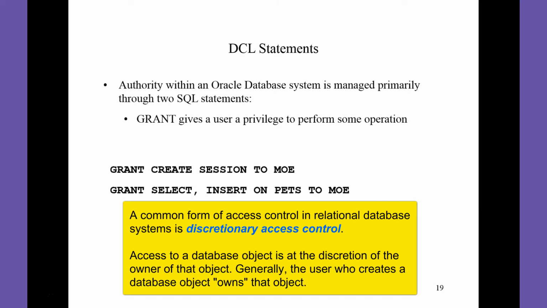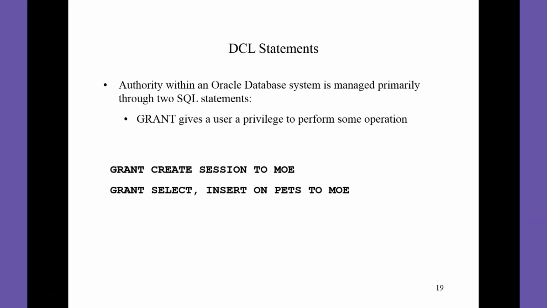Thus, what we're looking at is a type of security or authorization or access control referred to as discretionary access control. It is at the discretion of the owner of the database object as to what other users are permitted to do with that object, if anything at all. Perhaps in the future, we want to take away some of the privileges that Mo has been given because he no longer requires these.